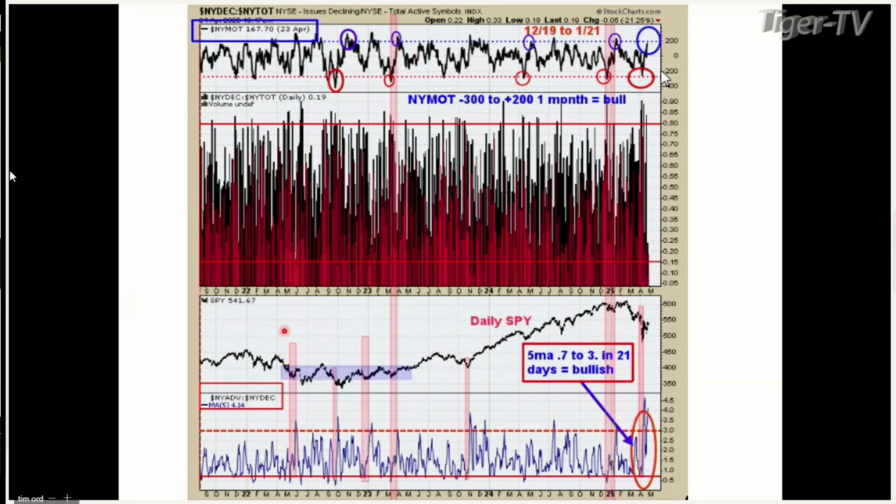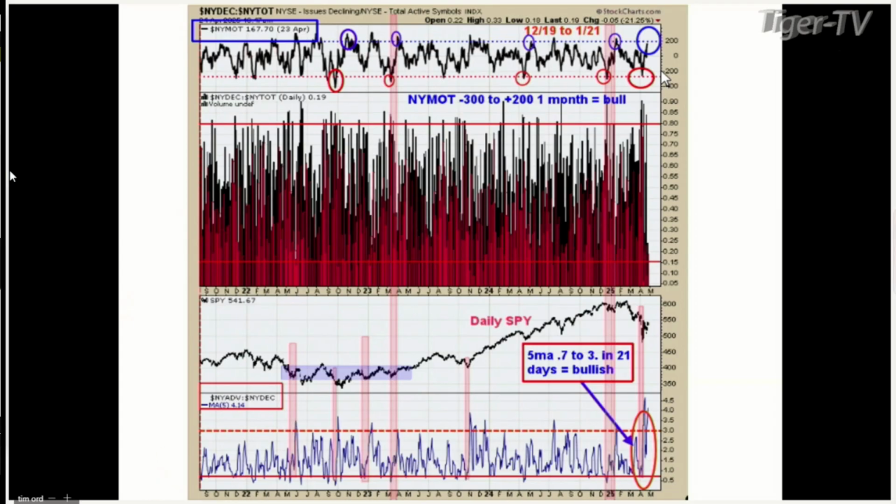Anyhow, this is the 2022 low, and the McClellan oscillator hit two bullish signals. That's going from minus 300 to plus 200 within 30 days. Here's kind of the formula for it right here. Actually, let me get down here to... they're not going to let me do it.